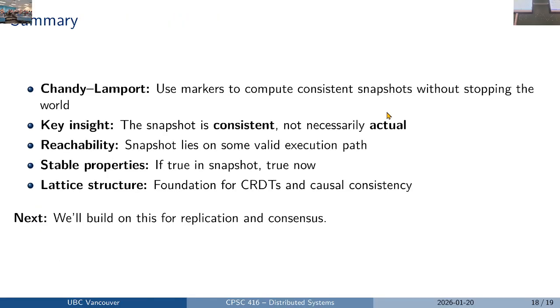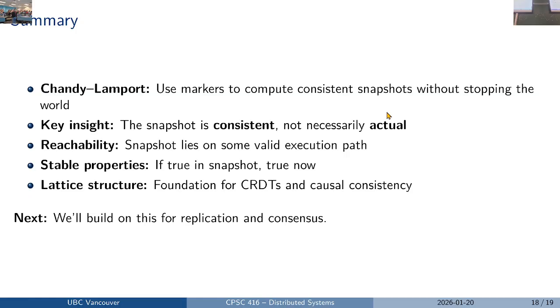So, to summarize what we've been talking about: Chandy-Lamport, we're using these markers to compute consistent snapshots. The snapshot is consistent but doesn't necessarily correspond to what actually happened. Reachability is the idea that there was a path that could have gone through this way. We have stable properties, so if it was true in the snapshot, it's true now.